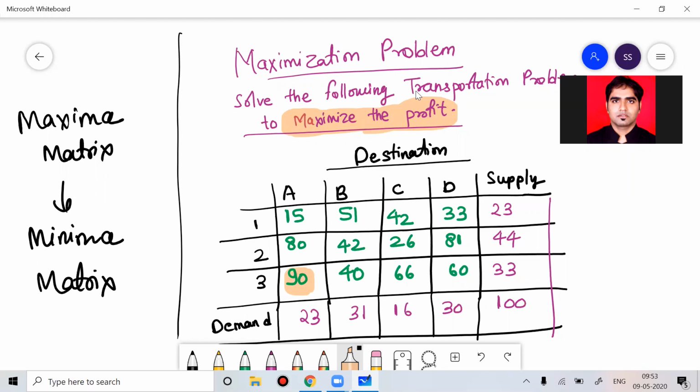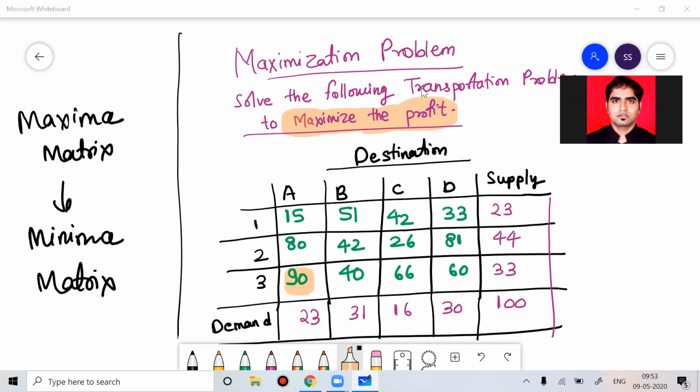Okay, very good. So the first thing to convert the maxima matrix into the minima matrix is to find the highest element. Once you found it, you have to subtract every element from the highest element.